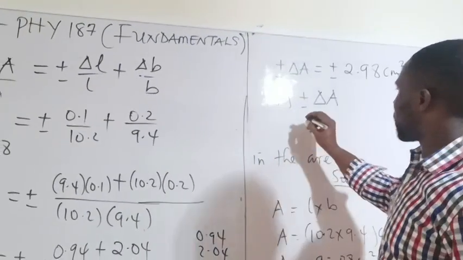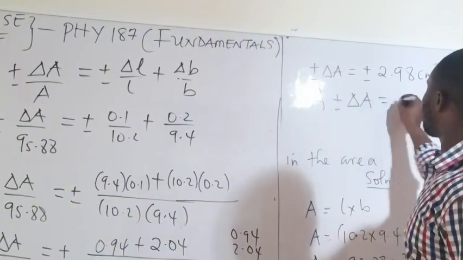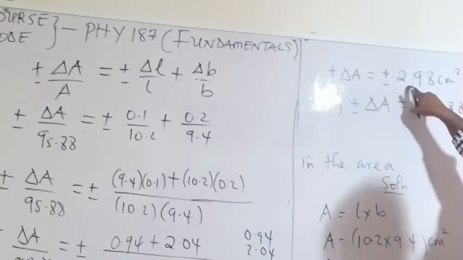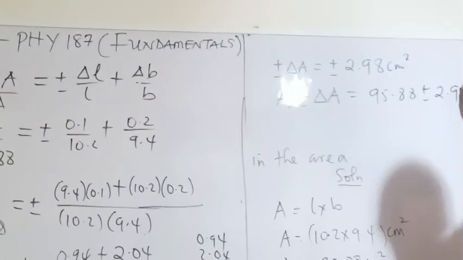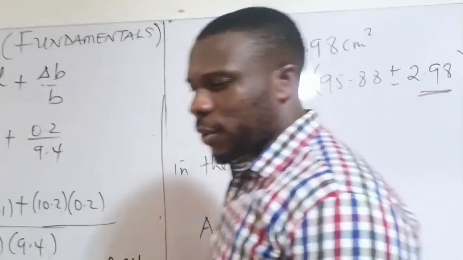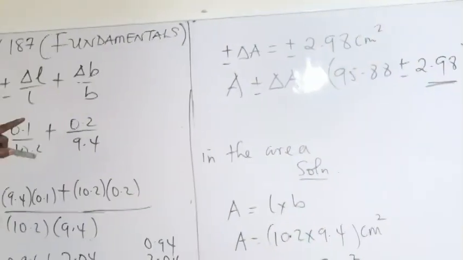The area itself, we figured out to be 95.88, then the absolute error in the area is 2.98, and they're all in squared centimeter. Alright, so this is the first question we'll solve, under errors in products.